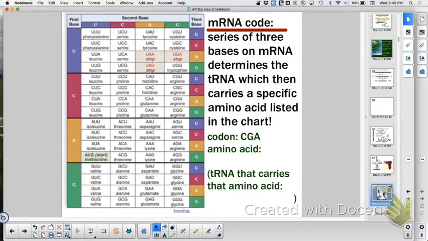There are 3 stop codons. There's 1 start codon. The start codon is always AUG, and your first amino acid is always methionine. Now, why wouldn't every single protein have methionine as part of it, if it is the initiation codon or start codon?